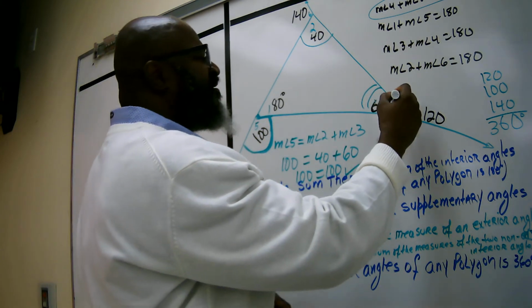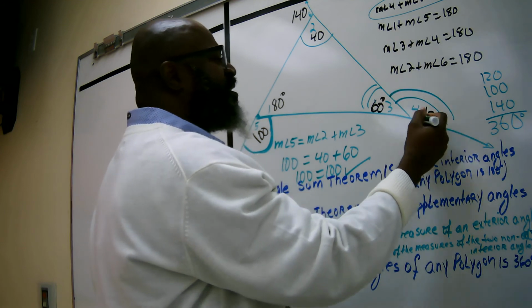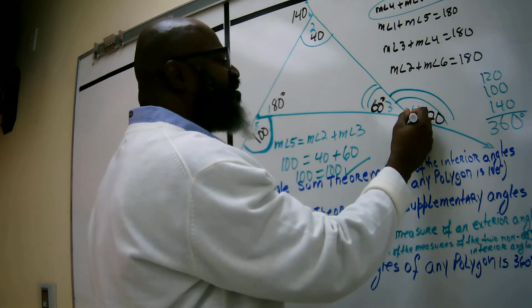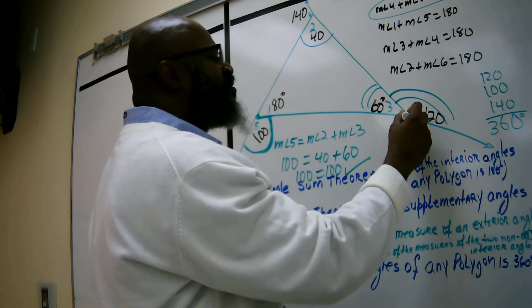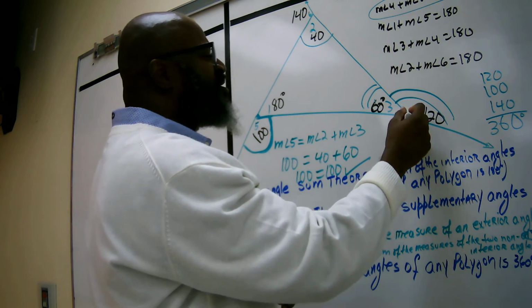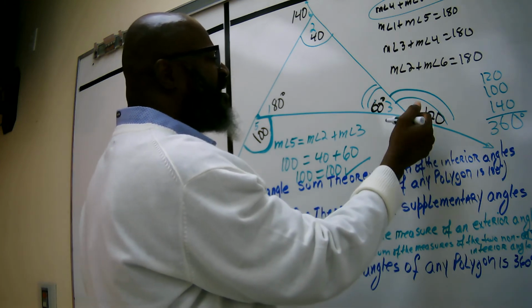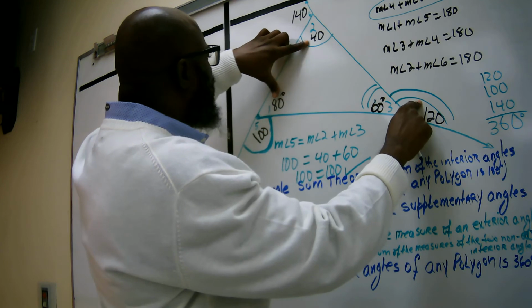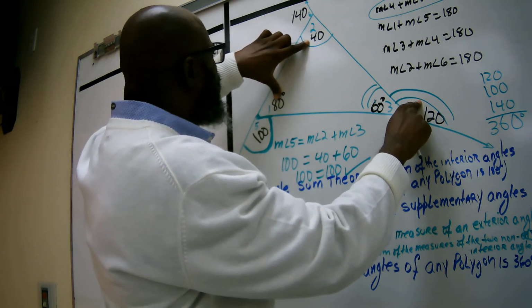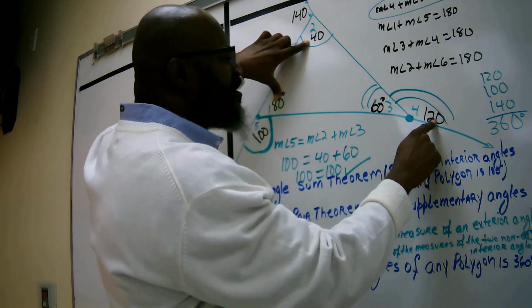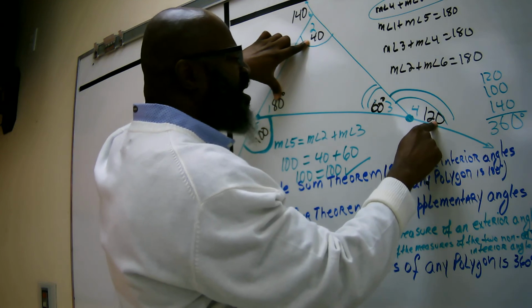Same thing. If I need to find angle 4, this is my vertex here for this angle. So I need to use the two non-adjacent angles. The two non-adjacent angles to find angle 4 are those two angles. So what is 80 plus 40? 80 plus 40 must equal angle 4. Angle 4 is 120.